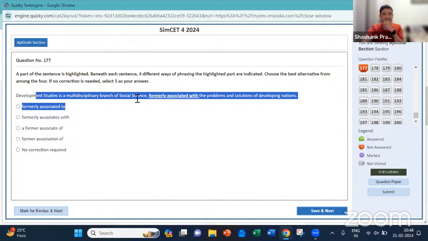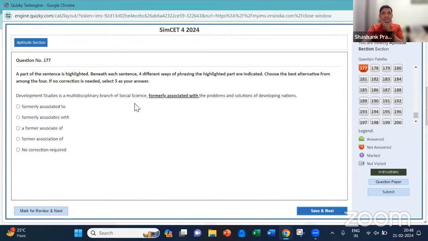Development studies is a multidisciplinary branch of social science formerly associated with the problems and solutions of developing nations. Social science formerly associated to the problems. Formal associates with will not come. So second is out.